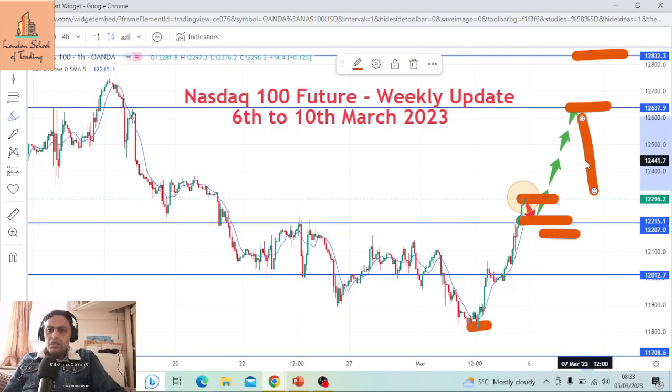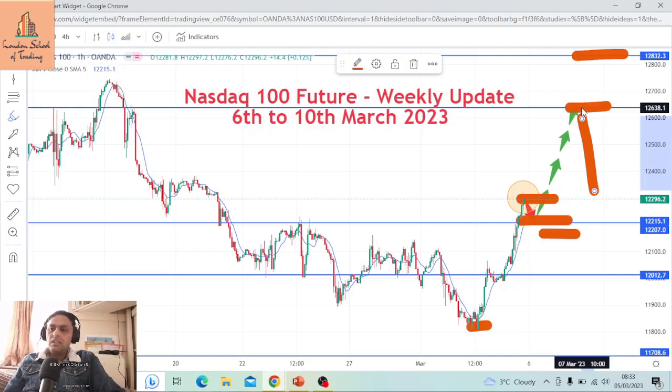What we need to understand is that at the moment the inflation is still high, the interest rate is also high, and if Fed is going to raise another 0.50 interest, then the market will fall very hard. That's the reason when it reaches the 12,600 resistance level, it is better to exit from the market, wait and see whether it crosses this level or not.